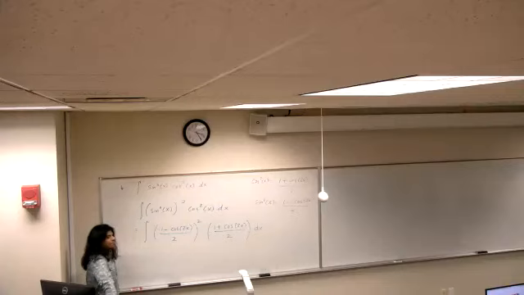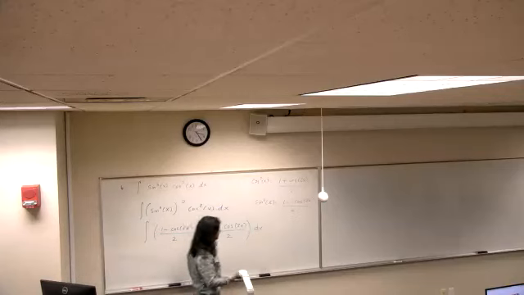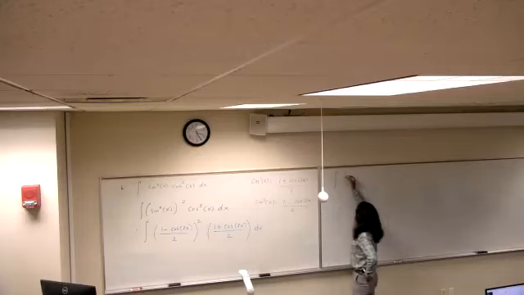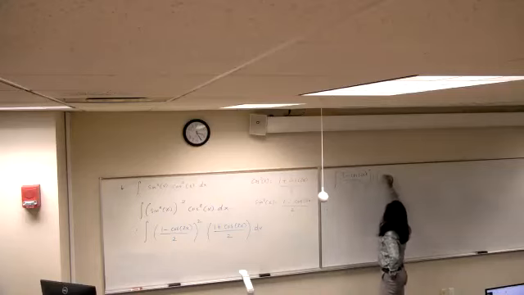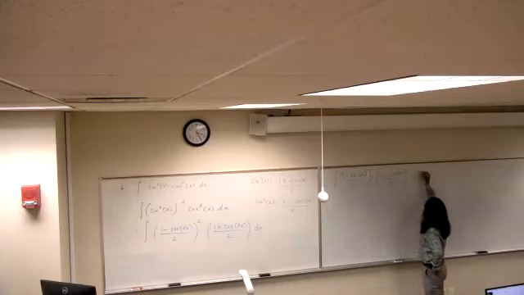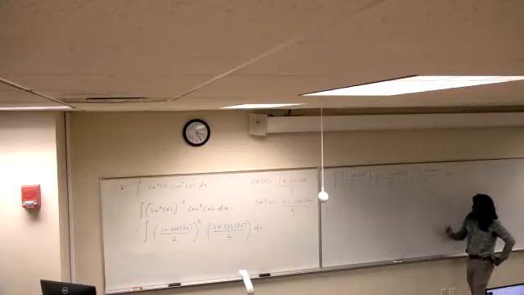Sure, one can FOIL, nothing wrong with that. But let's take a different approach. Maybe it will help us out. 1 minus cosine 2x over 2 times 1 minus cosine 2x over 2 times 1 plus cosine 2x over 2, dx.